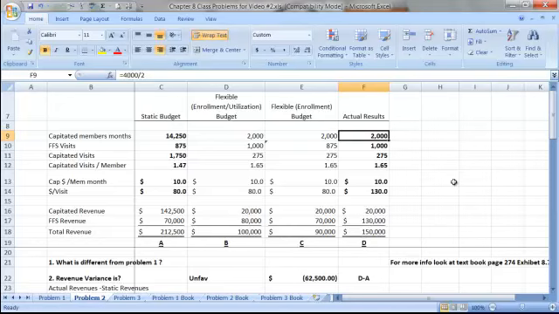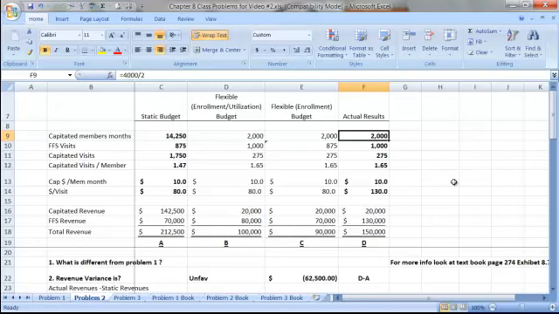But we did have 2,000, and hopefully our variable costs, if they were true variable costs, would not be as much because they would be based on the number of visits we had. If we had a lot of fixed costs, there's no way we're going to cover all our fixed costs in anticipation of being able to service this many people, and we're going to have a big problem.